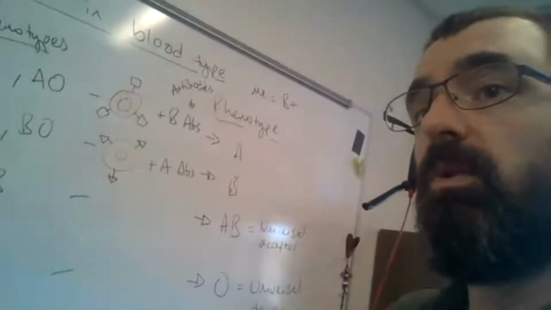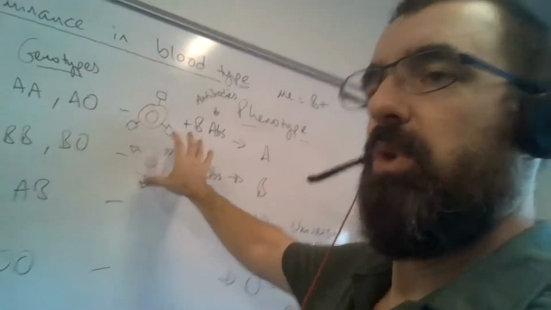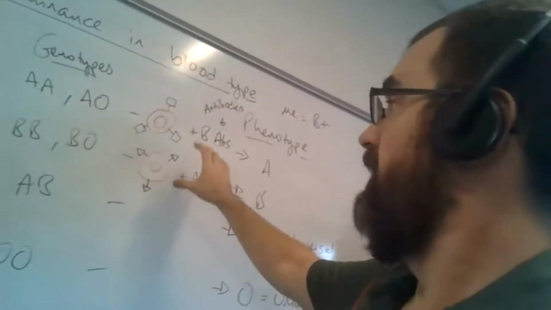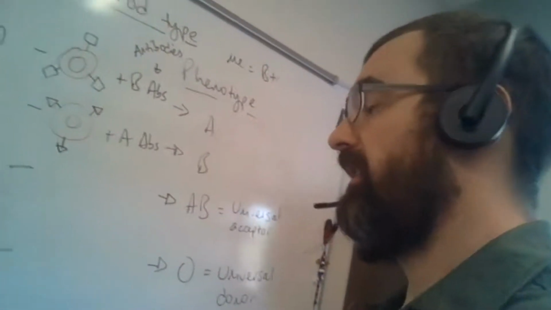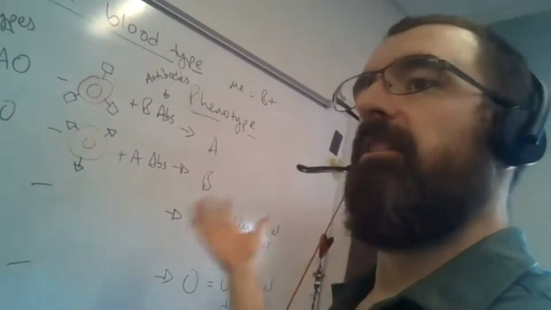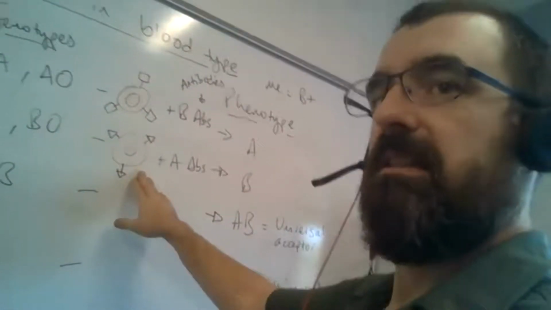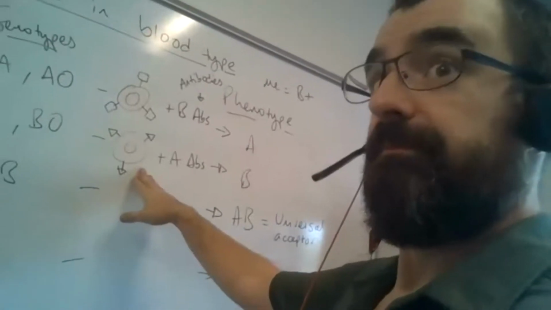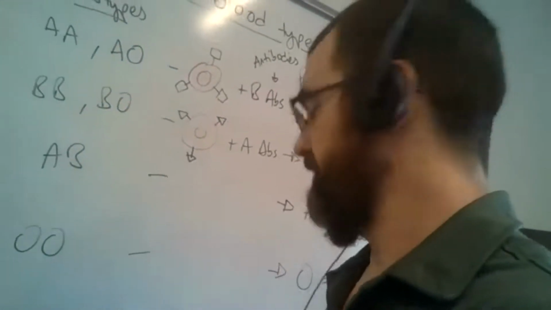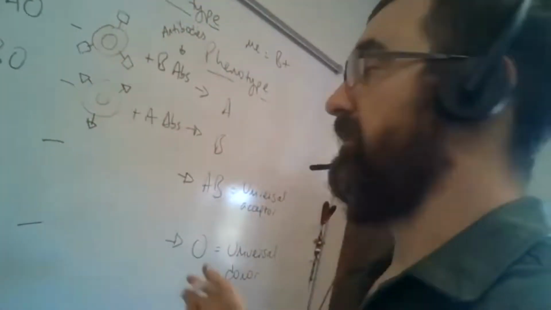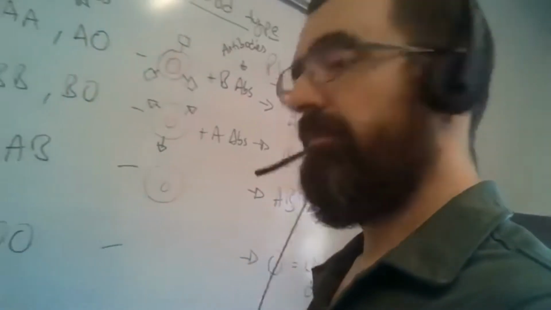So that's essentially what these are: proteins of some sort on the surface of the cell, which are recognized by another person's immune system if they have antibodies against these antigens. We'll get to the consequences of that in a little bit. We kind of skipped ahead a little bit earlier, but you'll see what I mean.